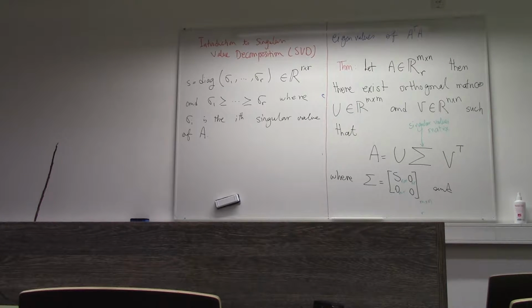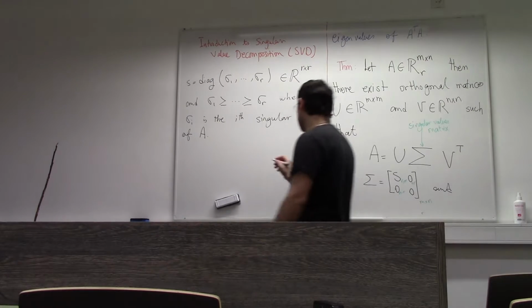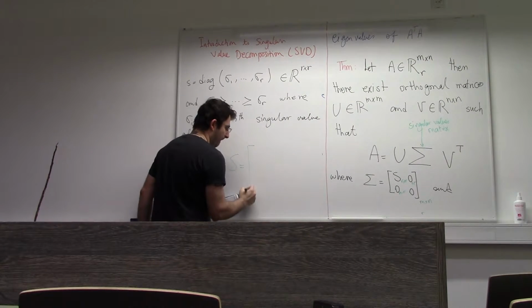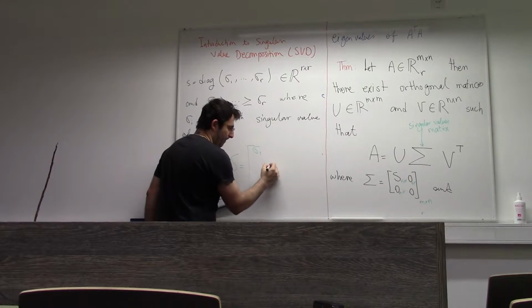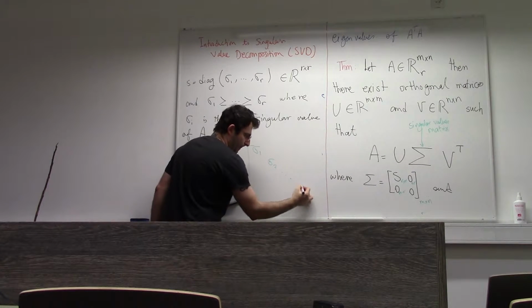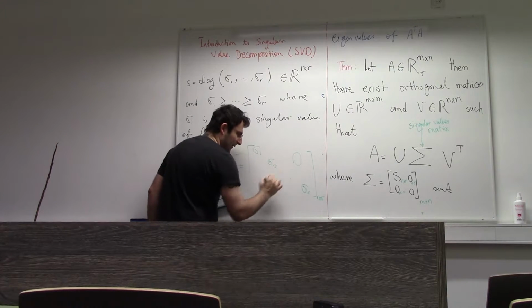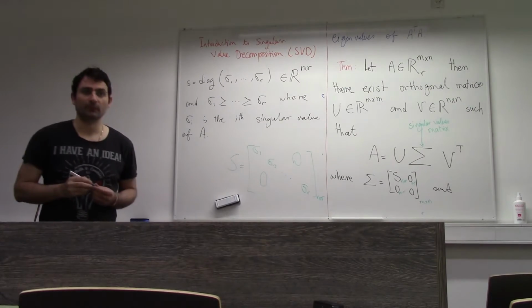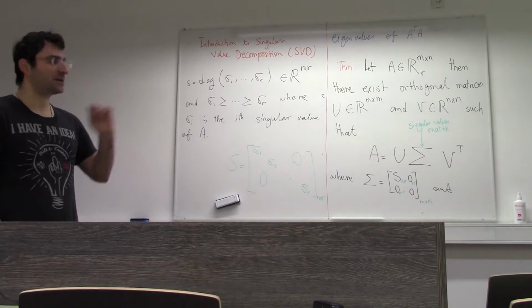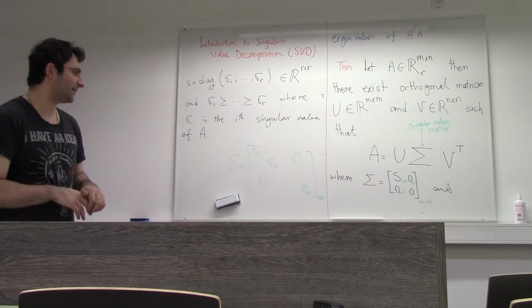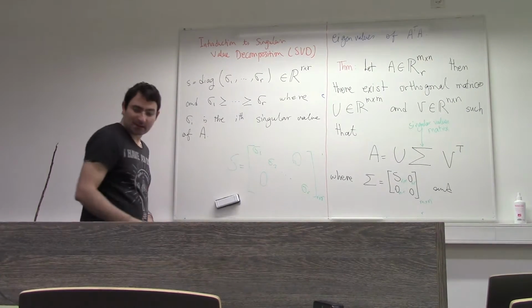What we are trying to say is that inside sigma, there is one diagonal block, which looks like this. It's a square matrix, and everything else is 0. Sigma is called the singular value matrix. Now, what is sigma 1?